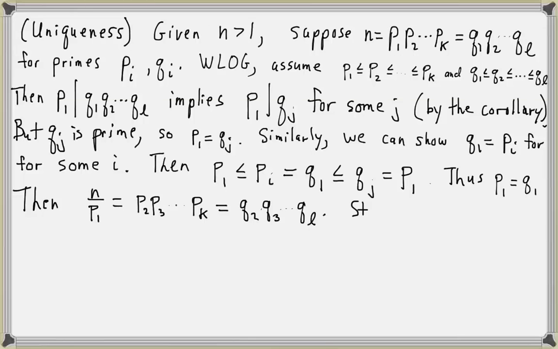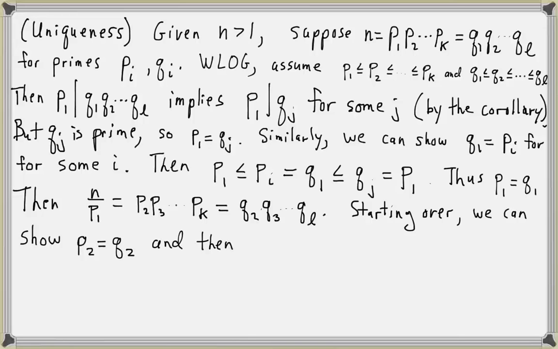So starting over, we can show that p2 must equal q2. And then we can cancel out p2 and q2.